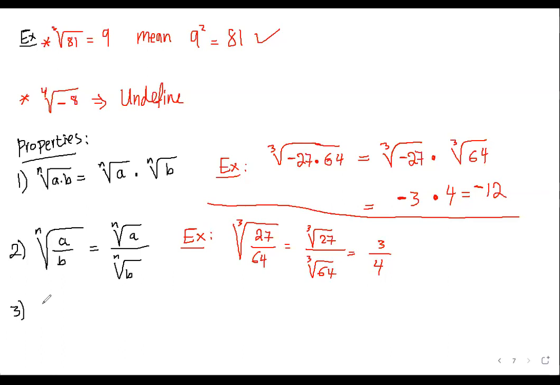Number 3: if I have the mth root of the nth root of a, a root inside a root, what is that equal? We multiply m and n and make it one root: the m times n root of a.